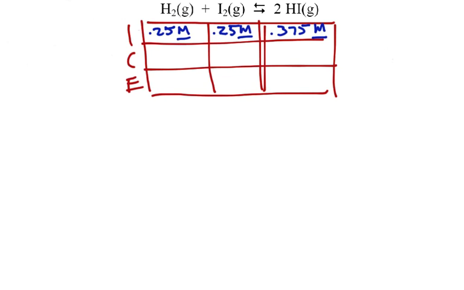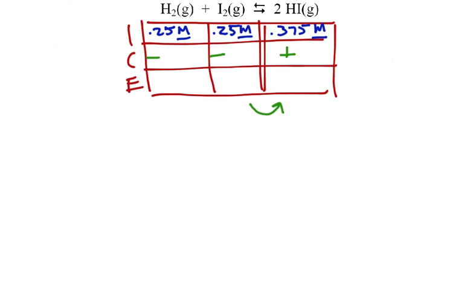Now we've run out of numbers, so we're going to use letters. If this equilibrium shifts to the right, that means we're going to make some of this chemical and use up some of these two chemicals. If it's shifting to the left, then our reactants are going to be plus values and the product would be minus.